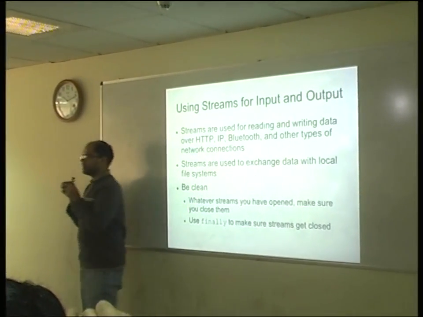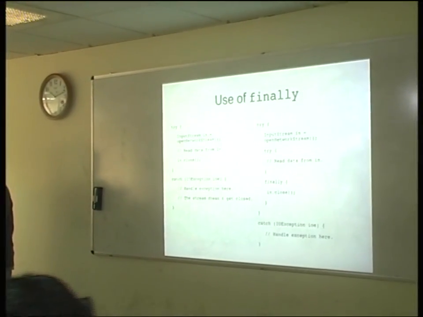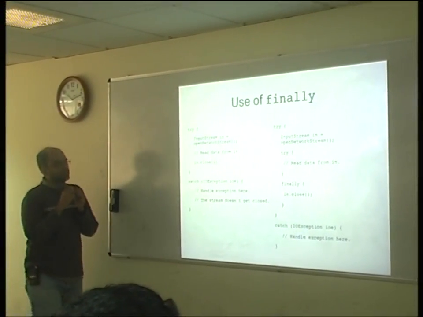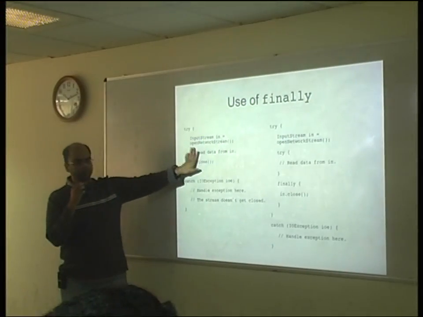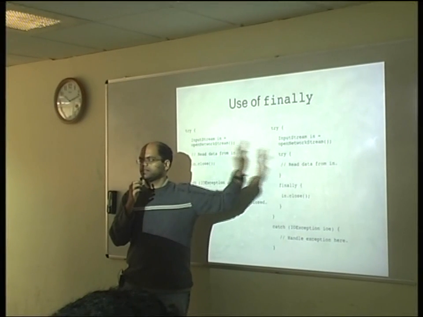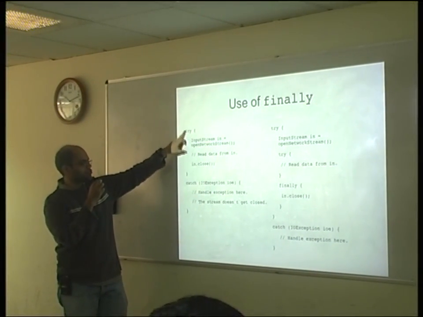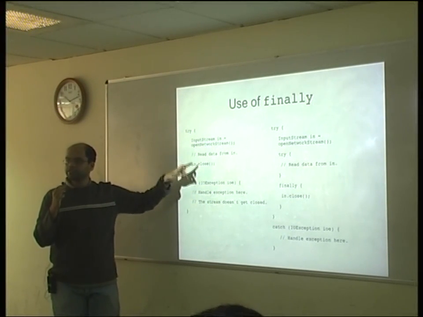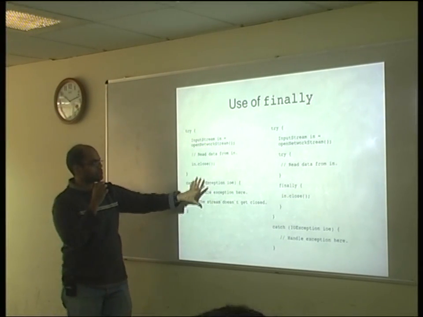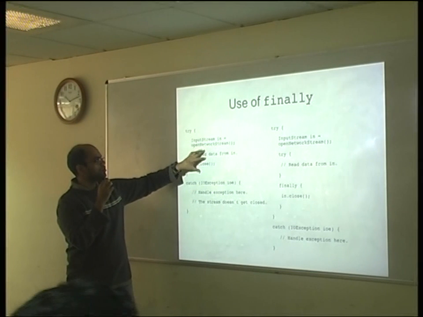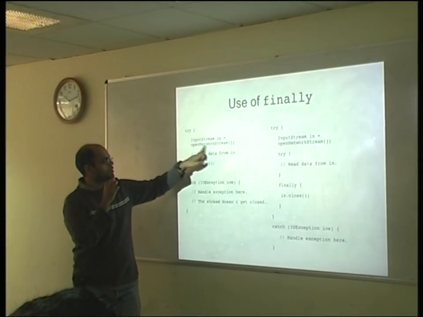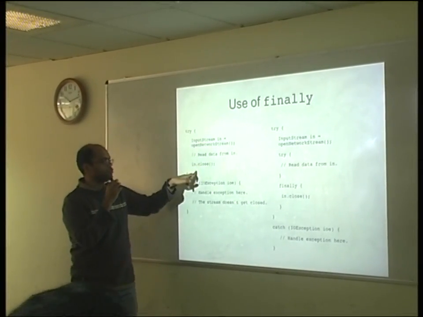So I will give you an example of finally. Have you used finally? Yes. For those who have not used it, this is one code without using finally, and this is another code. There is a try and catch. If there is an exception, an error condition, you will handle the exception here. In the try, you open the network stream, you read data from it, and you close it.